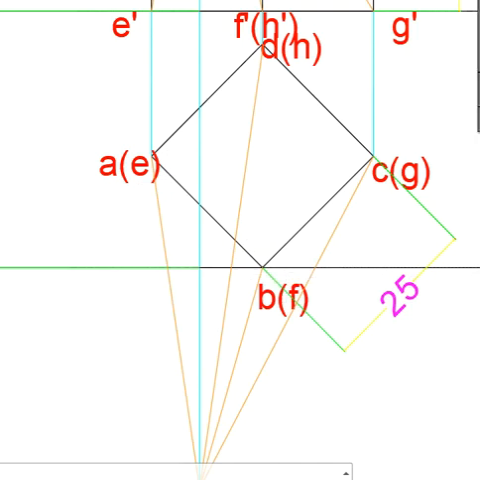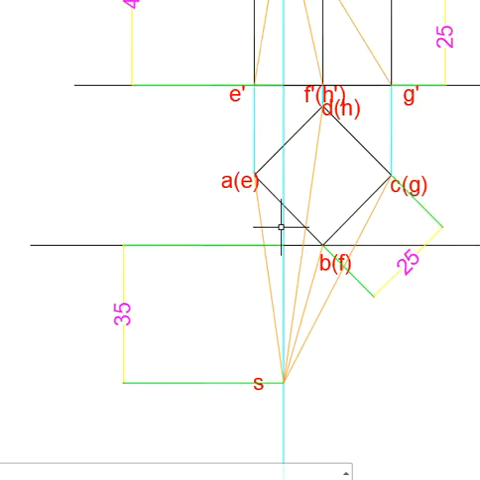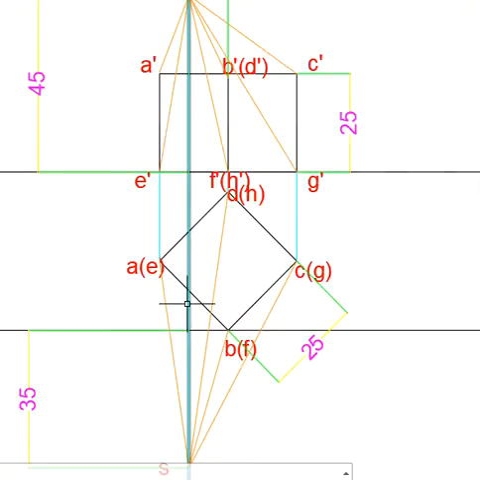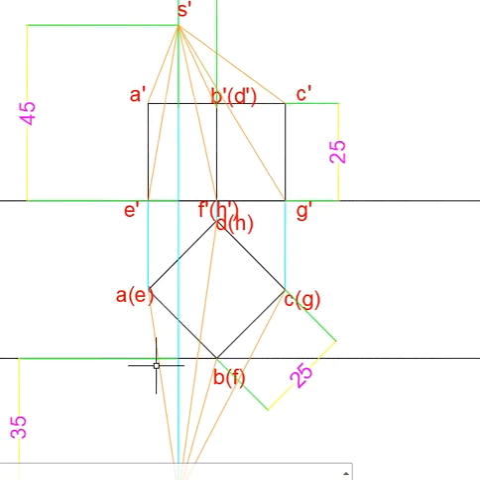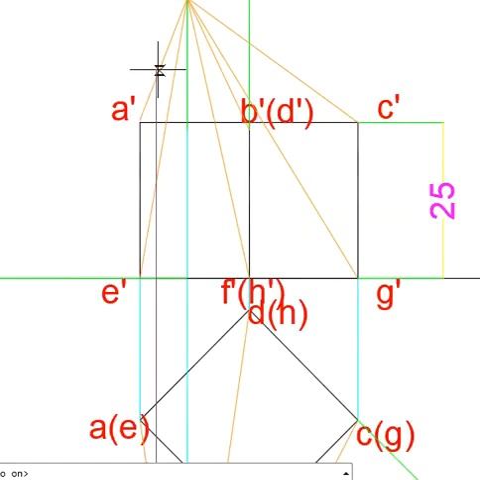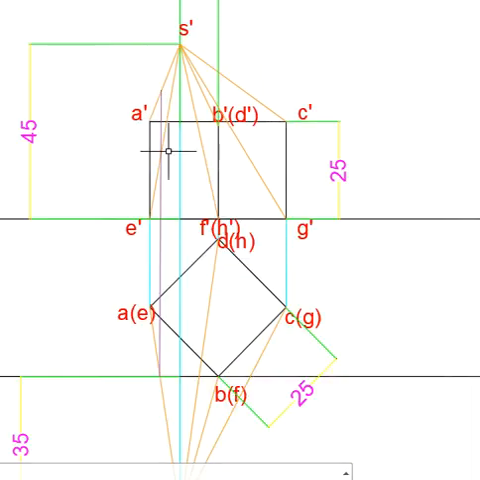And we have to draw projection lines from those points. So I'm drawing projection lines from these points. This one is point A. See the intersection of point A. A is intersecting here, and from here we are drawing projection line to the visual ray A dash S dash. So that is capital A.